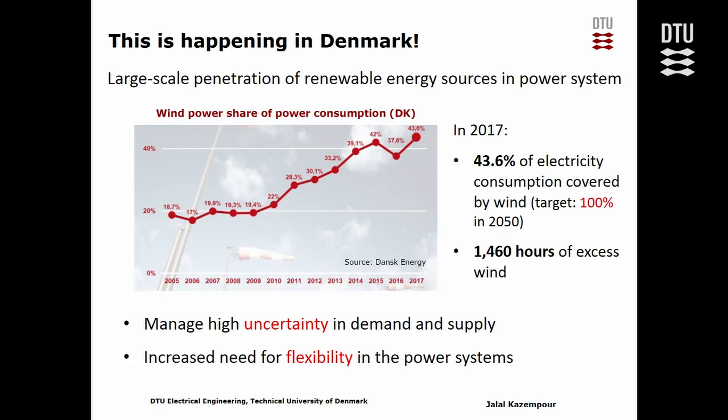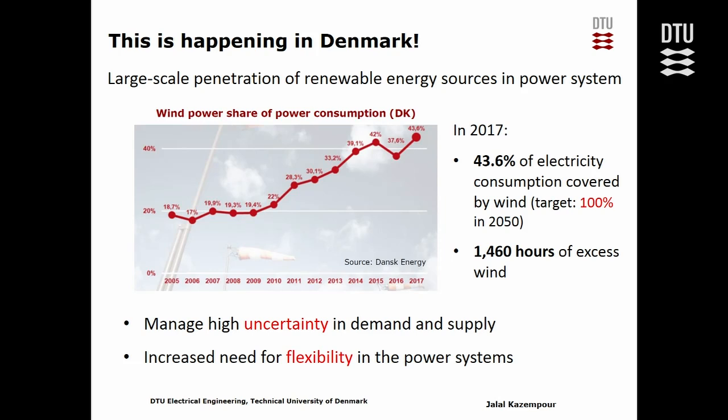And the other nice thing is that last year in 2017, in 1,460 hours, mostly in the night hours, we had wind power excess. So wind power was even more than the demand. And the interesting thing is that, thanks to the nice connections of the Danish power system to the neighboring countries, most of the time we have no wind power curtailment.